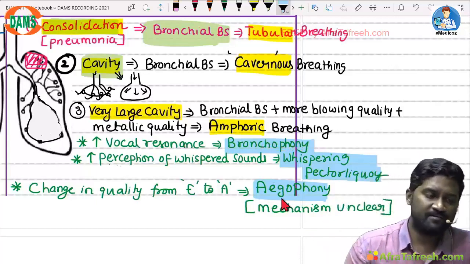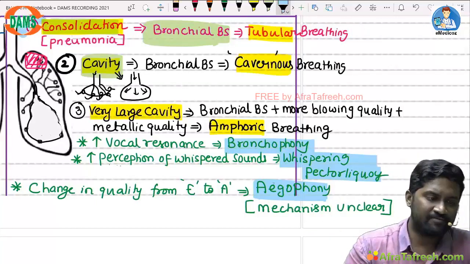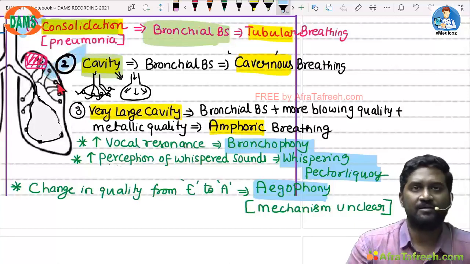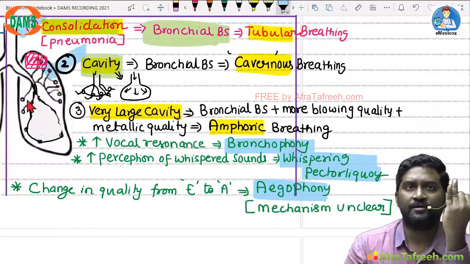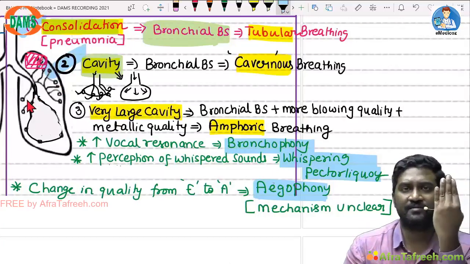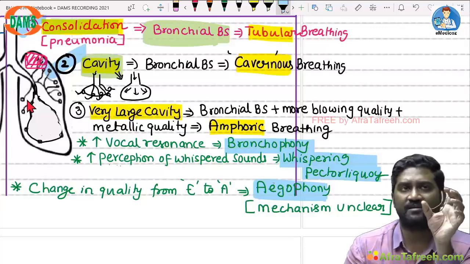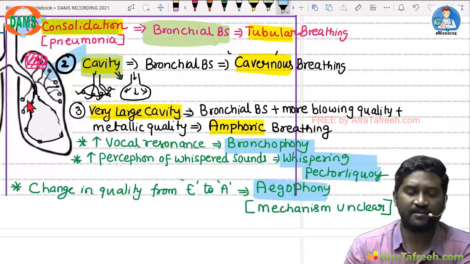What might be the reason? It can be either consolidation or cavity.